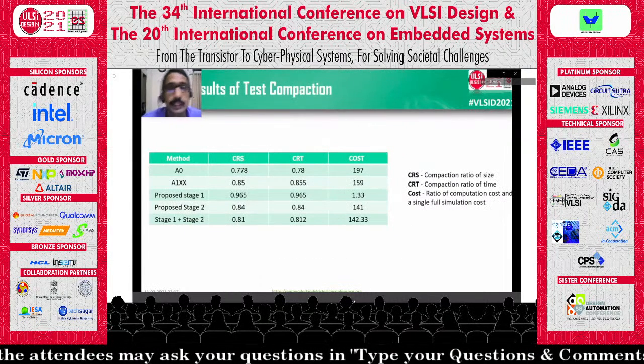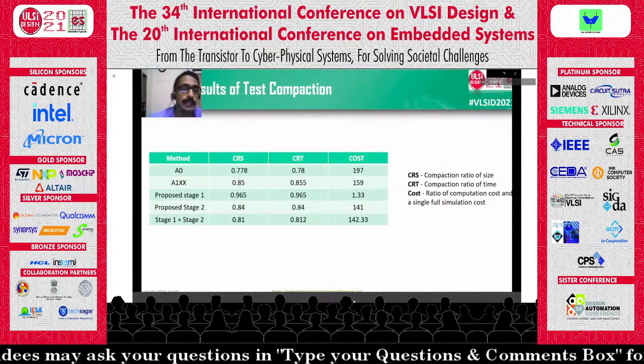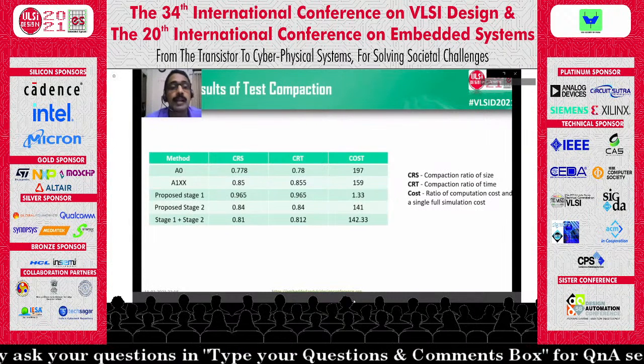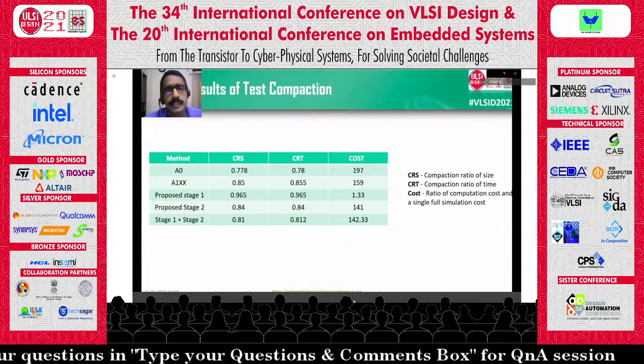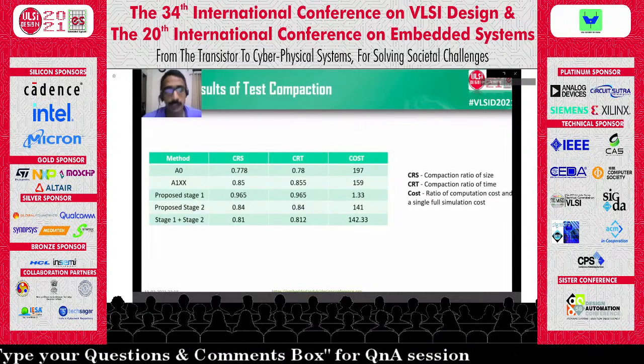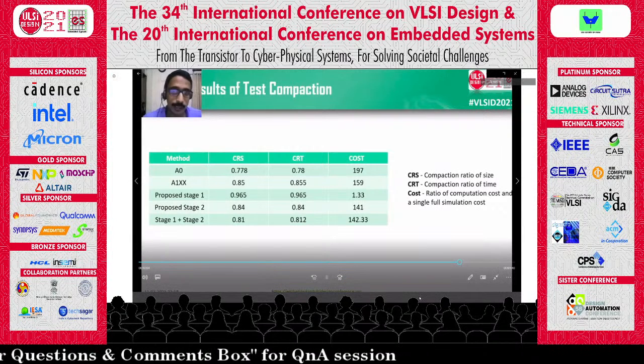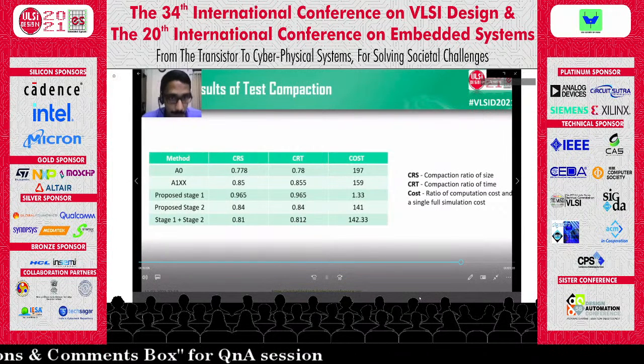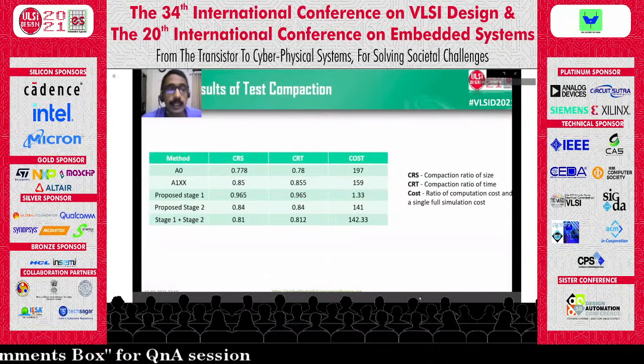So these are the results of test compaction. In method A0, we get CRS, which means the compaction ratio of size. If the compaction ratio of size is more, that means the compaction is more, and vice versa.